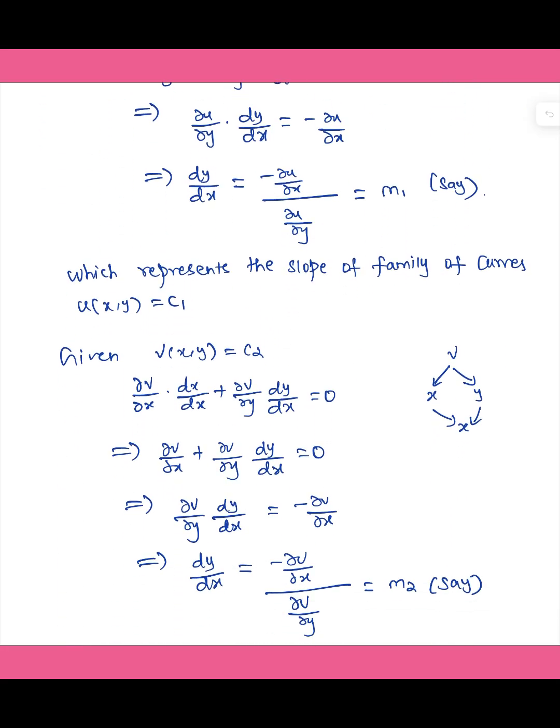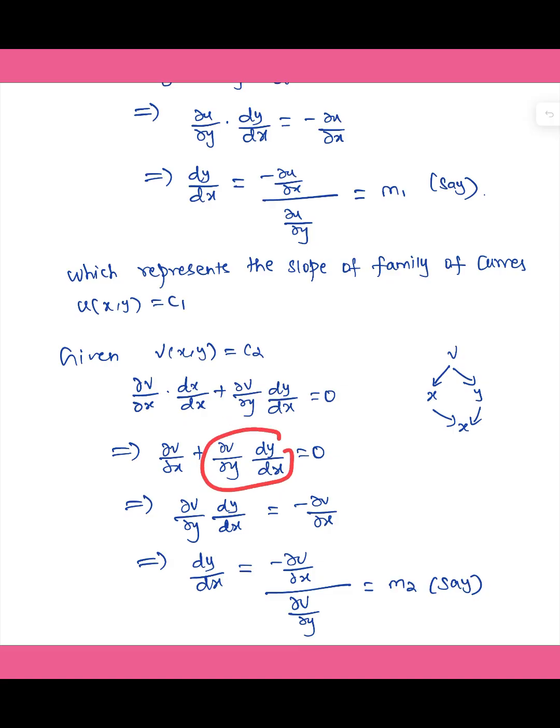Now take v equal to c2. Again v is a function of x and y, and these are functions of x. We need dy by dx, so dou v by dou x into dx by dx plus dou v by dou y into dy by dx. The dx by dx gets cancelled, so dou v by dou x plus dou v by dou y into dy by dx.